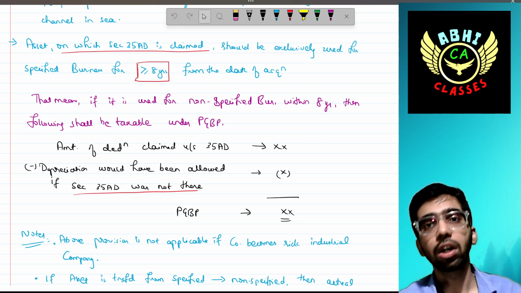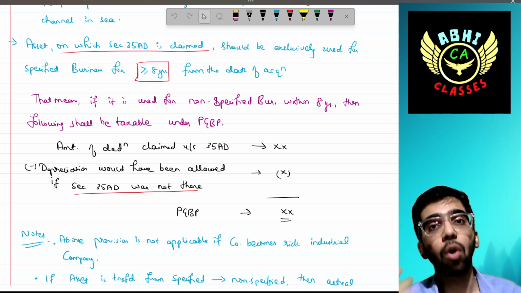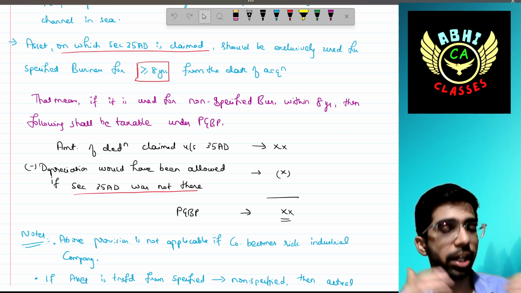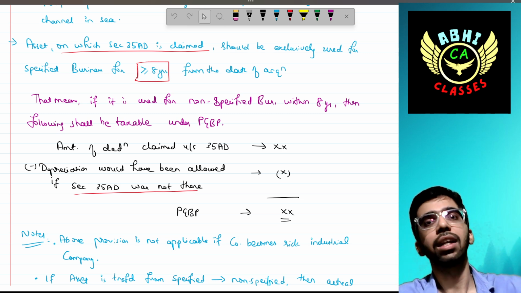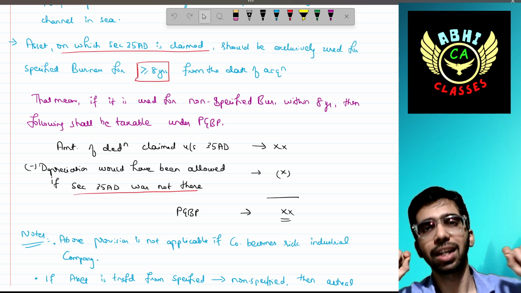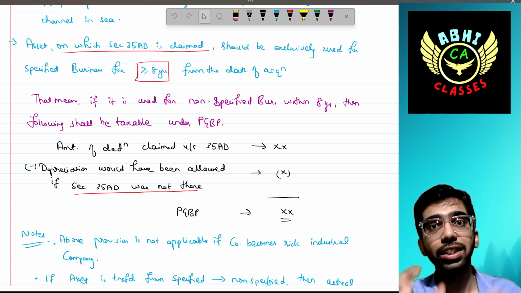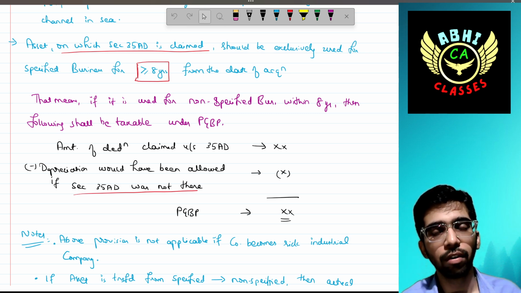Although it is treated as optional, if you are not claiming Section 35AD deductions, then what would be the depreciation amount? That would be reduced. You have to consider the notional depreciation.